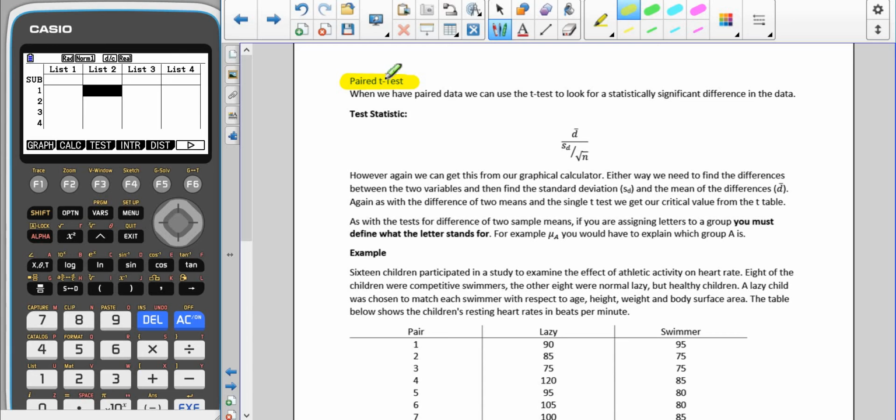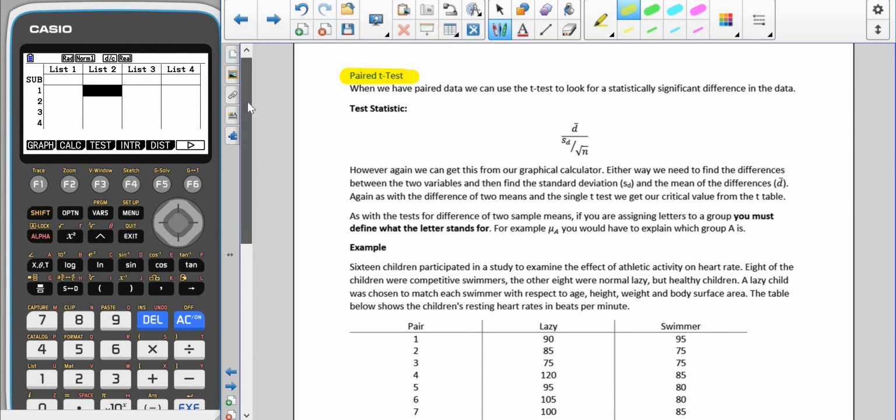If it states that the data is normally distributed, then you should be using the paired t-test. So always be careful when you get a question with paired data that you are being careful as to which one you are doing and which one you're being expected to use.